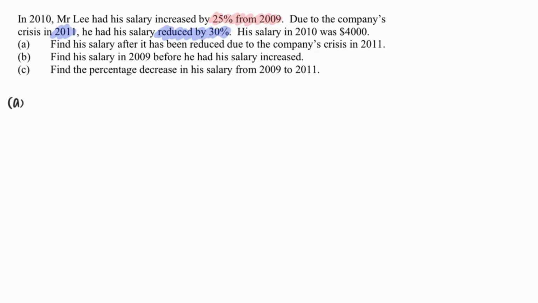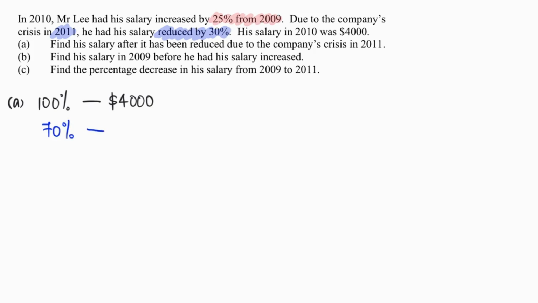So for part A, we would have the starting point as $4,000, and this $4,000 we are going to reduce by 30%, meaning 100% would then represent this $4,000, and then in 2011, the following year, it would be decreased by 30%, which will mean that I would want to find 70%.